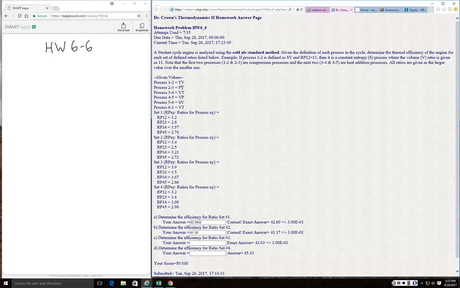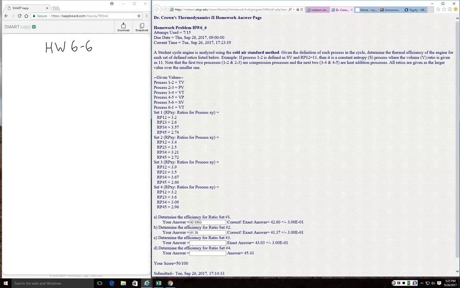The compression ratio for the next process, or VR2, is 2.6. For process 3, 4, the temperature ratio is 3.57, and finally the pressure ratio is 2.74 for the last process where a ratio is given. These two processes don't have a ratio listed because they can be calculated from the given values.